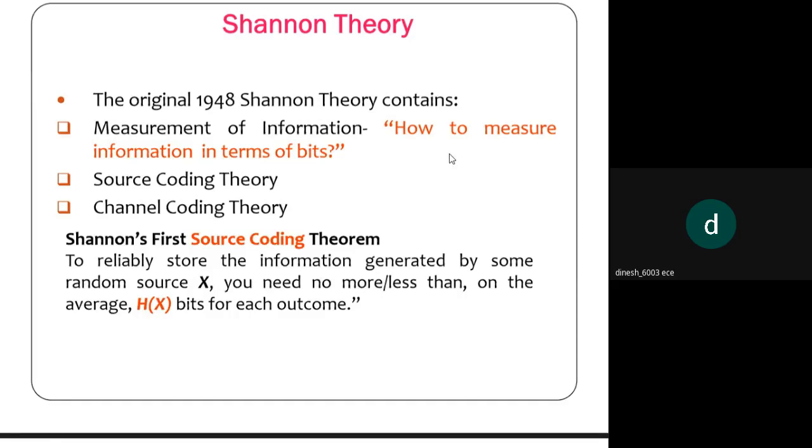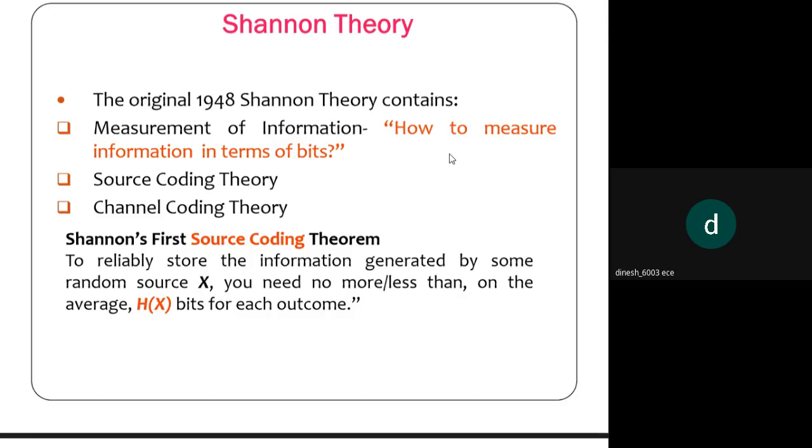The first source coding theorem states that for reliable information, we need to generate a source which has, on average, H(X) bits per outcome, if X is our source.